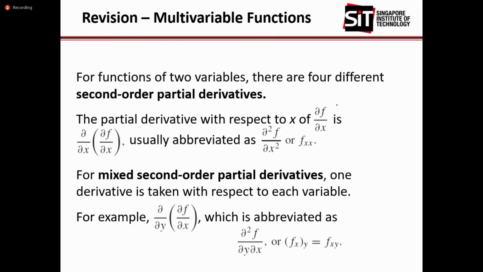For functions of two variables, if we differentiate twice, we will not have two derivatives, but we will have four derivatives, since we can have what are known as mixed second order partial derivatives. That is, first we take the partial derivative with respect to one variable, and then we take the derivative with respect to the other variable while keeping the first one constant.